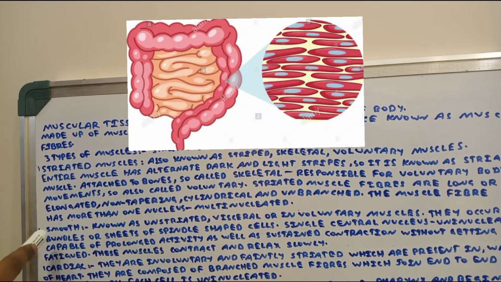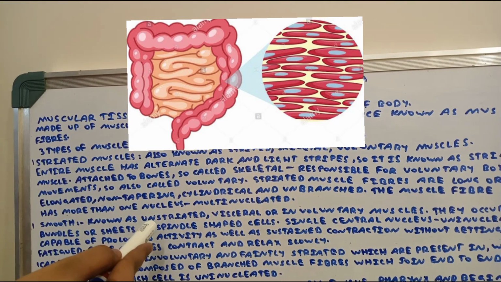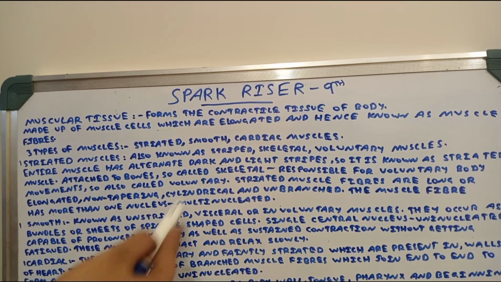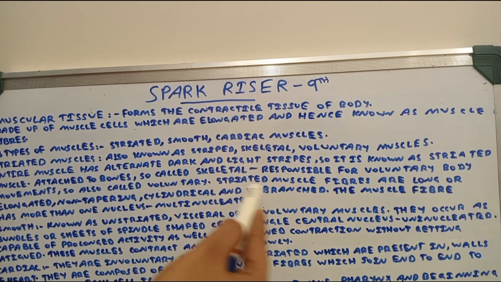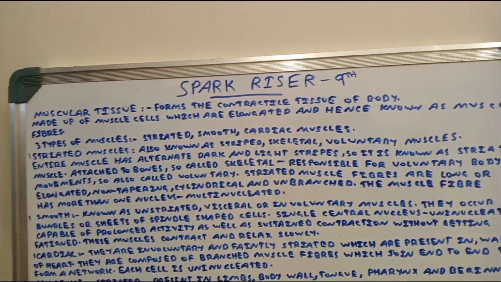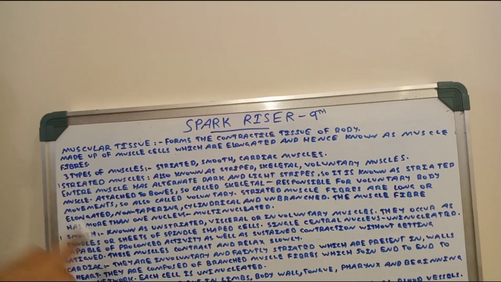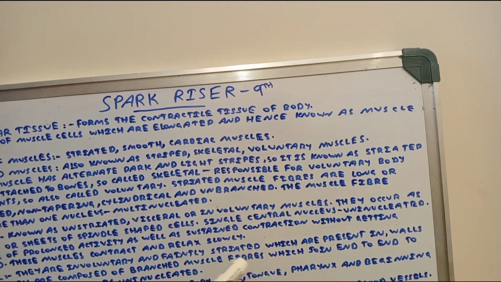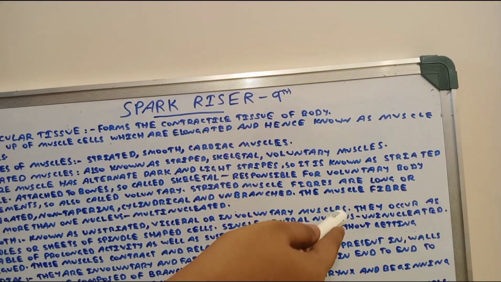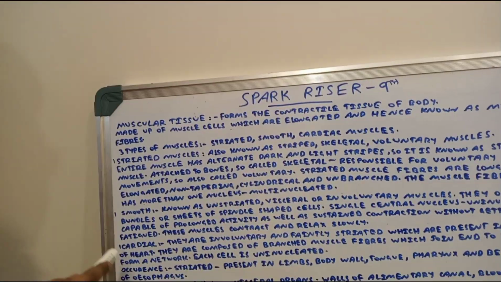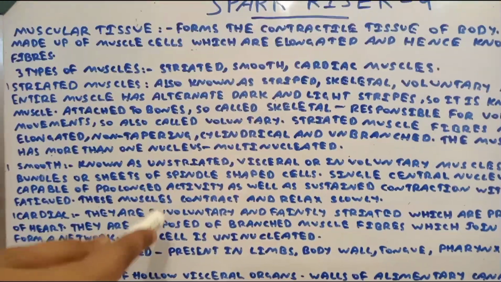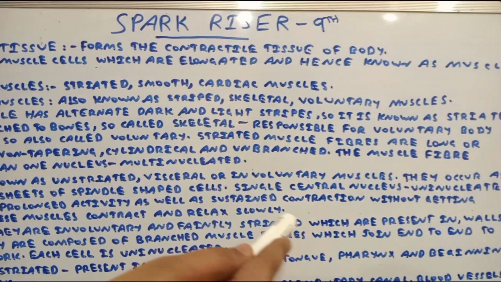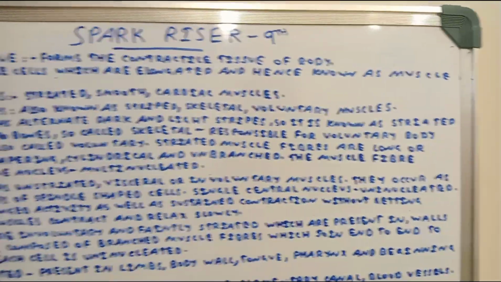Second, the smooth muscles. It is known by different names such as unstriated muscles, visceral muscles or involuntary muscles. They occur as bundles or sheets of spindle-shaped cells with a single central nucleus, as they are uninucleated. Also, they are capable of prolonged activity as well as sustained contraction without getting fatigued.